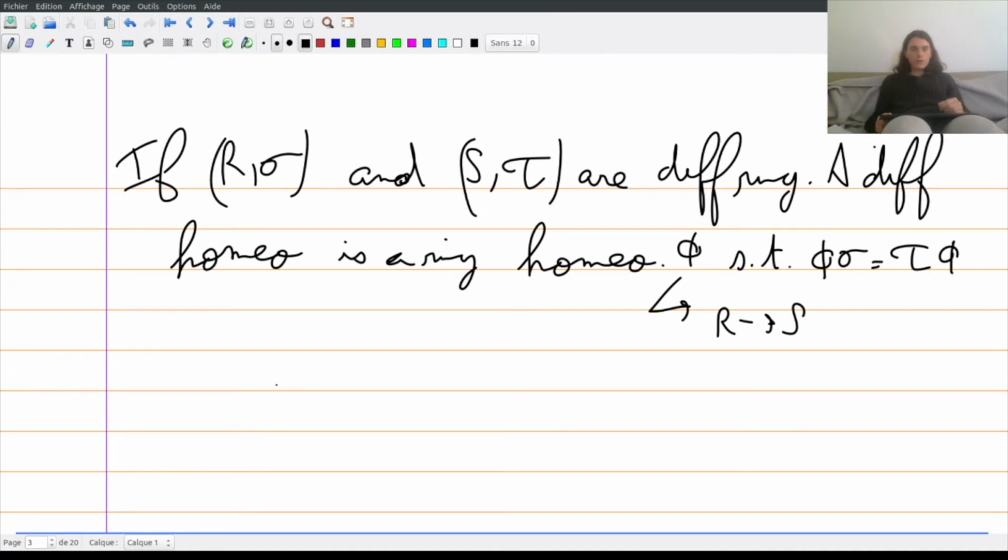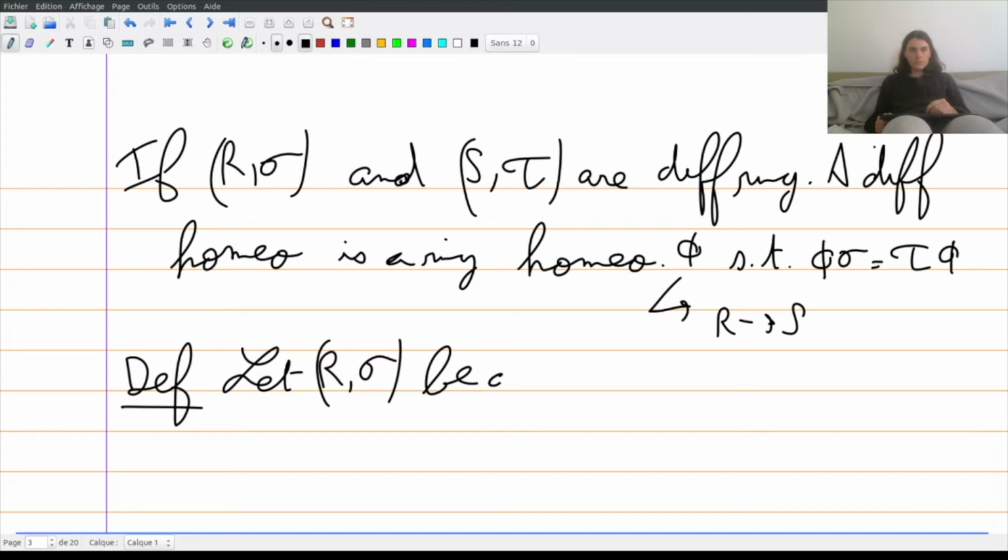And a very important object that will appear in this theory is the notion of ideal. So let (R, sigma) be a difference ring.